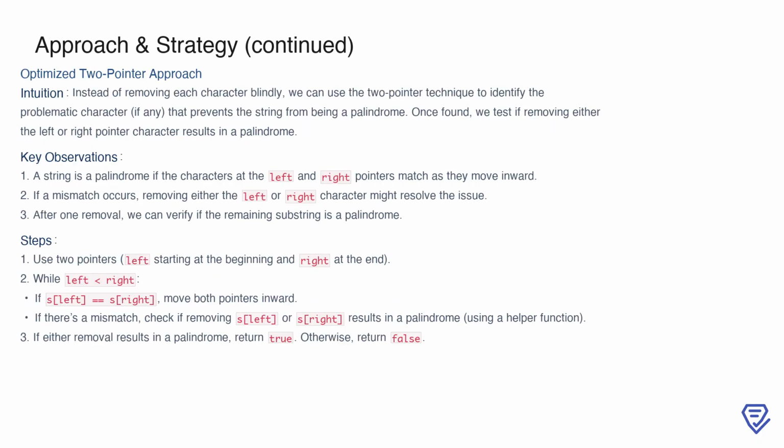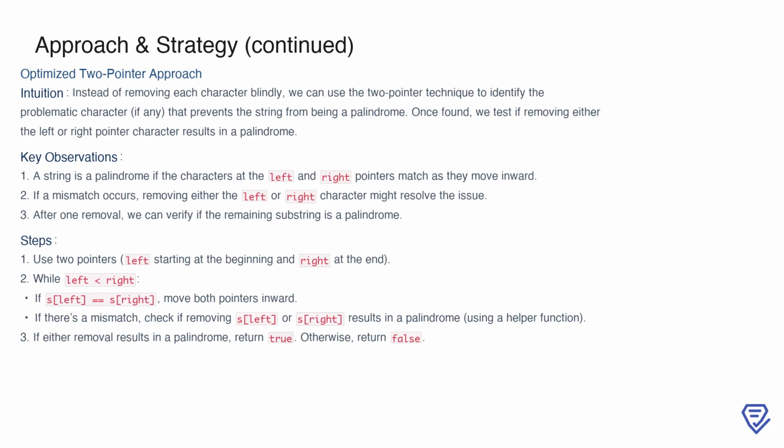An optimized approach leverages the two-pointer technique to address these inefficiencies. Instead of blindly removing characters one by one, we use two pointers to systematically identify the problematic character, if any, that disrupts the palindrome structure. The two-pointer method works by placing one pointer at the start of the string and the other at the end. As long as the characters at these pointers match, we move both inward.